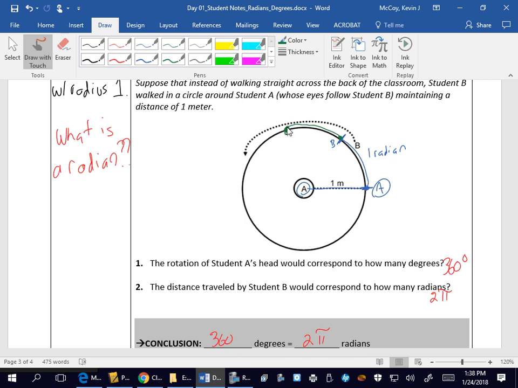So the total distance now from A to, we'll call this C, would be 2 radians. And then, if I walk from point C the same distance, all the way around to here, and it's going to stop right about there, that would now be 3 radians.